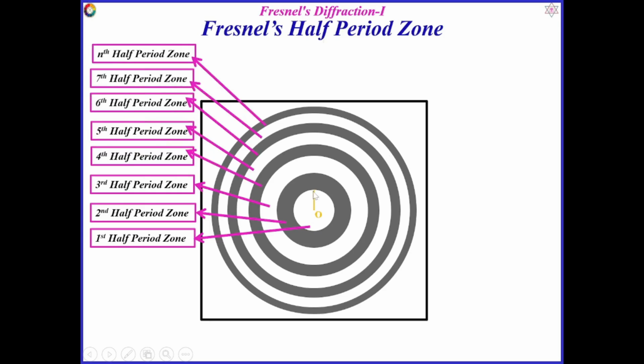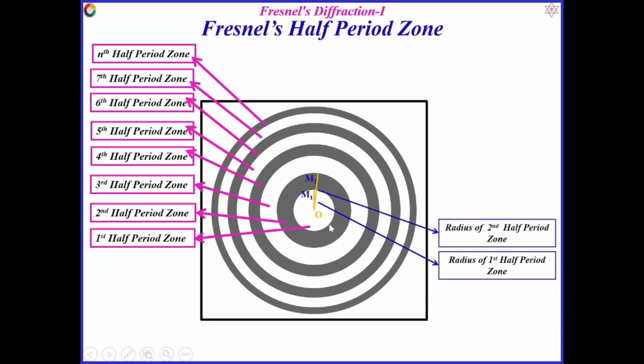From O to the edge of this white annular zone, consider this point as M1. O to M1 is the radius of the first half period zone. From O to the edge of the second half period zone, let this point be M2, and this distance is the radius of the second half period zone.